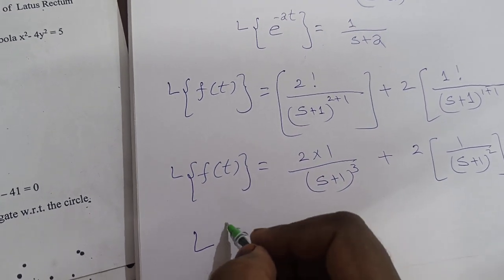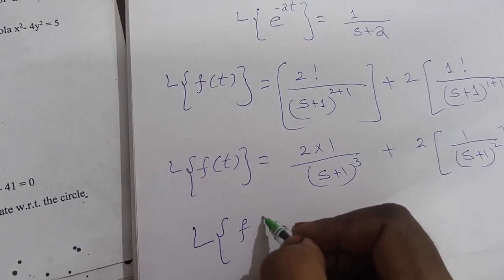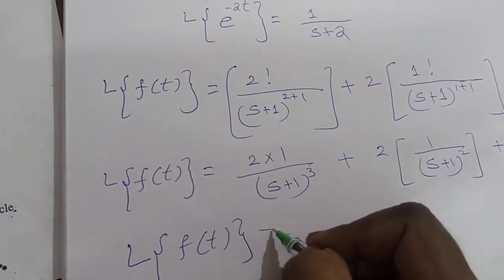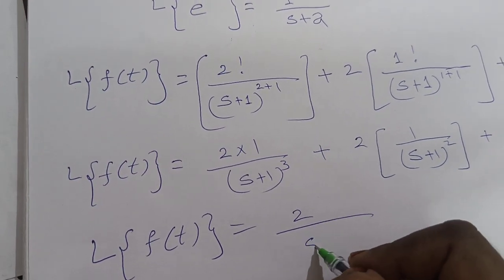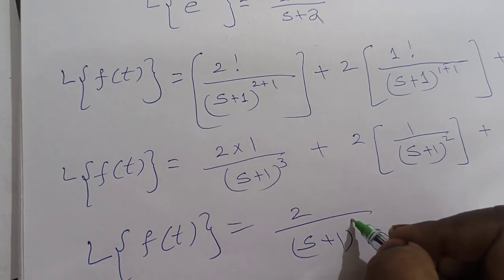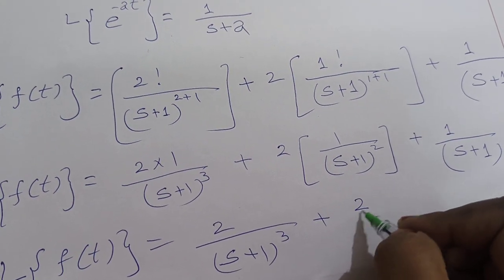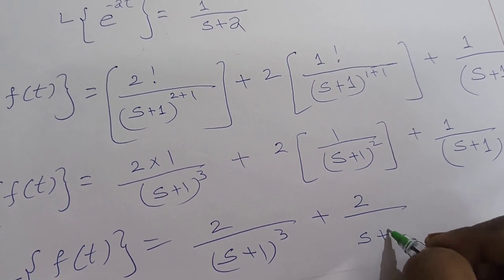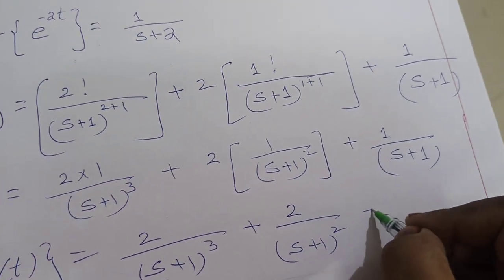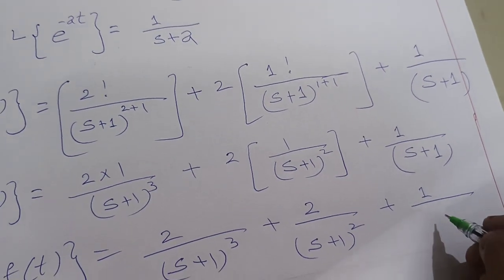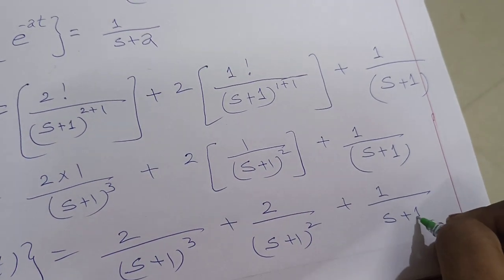So the required answer is L of f of t is equal to 2 by s plus 1 whole cube plus 2 by s plus 1 whole square plus 1 by s plus 1.